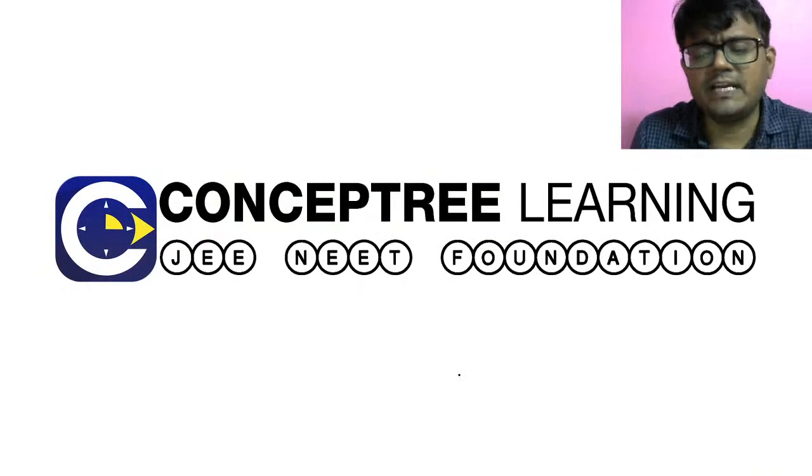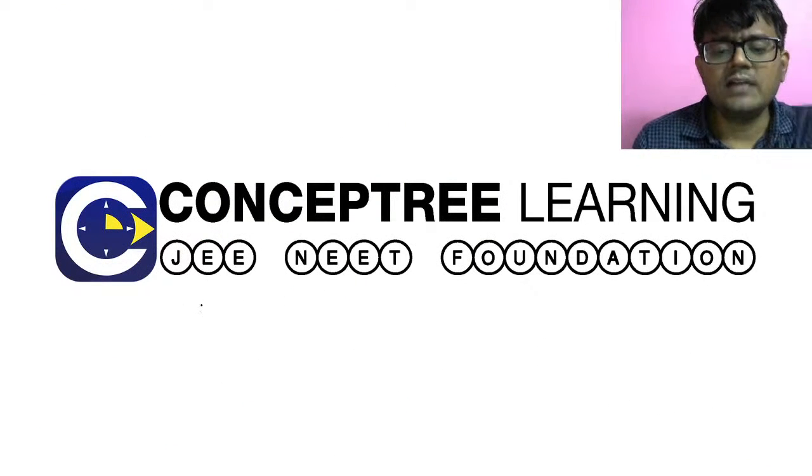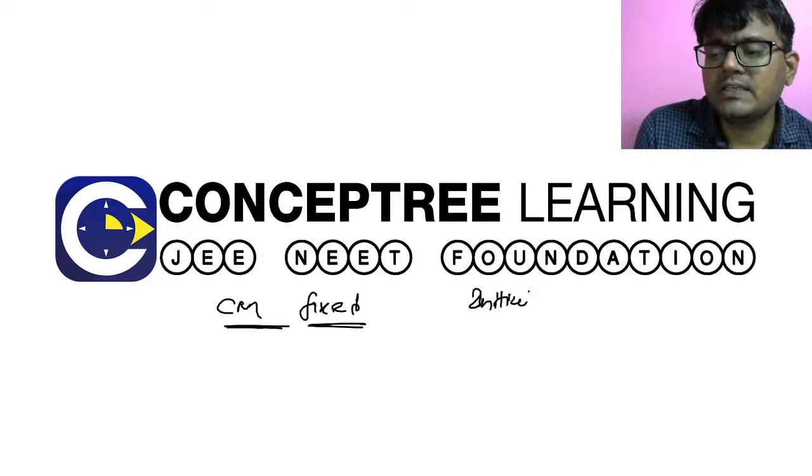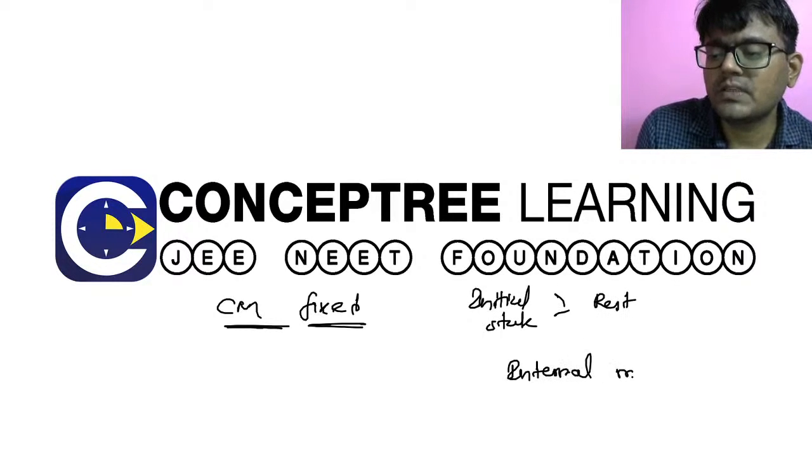But before we wind up, right, the concept of center of mass fixed. எப்போ, when the initial state everything is at rest வச்சுக்கோங்க, and there is internal movement. Internal movement means what?